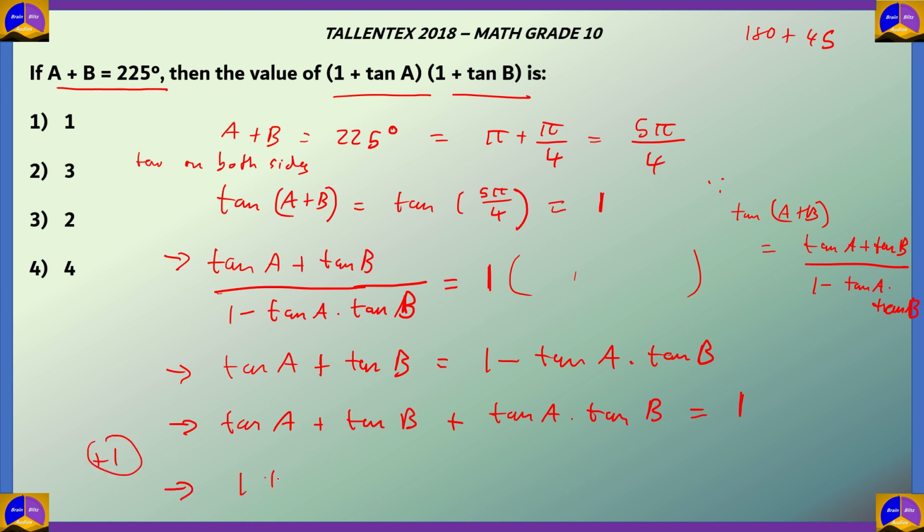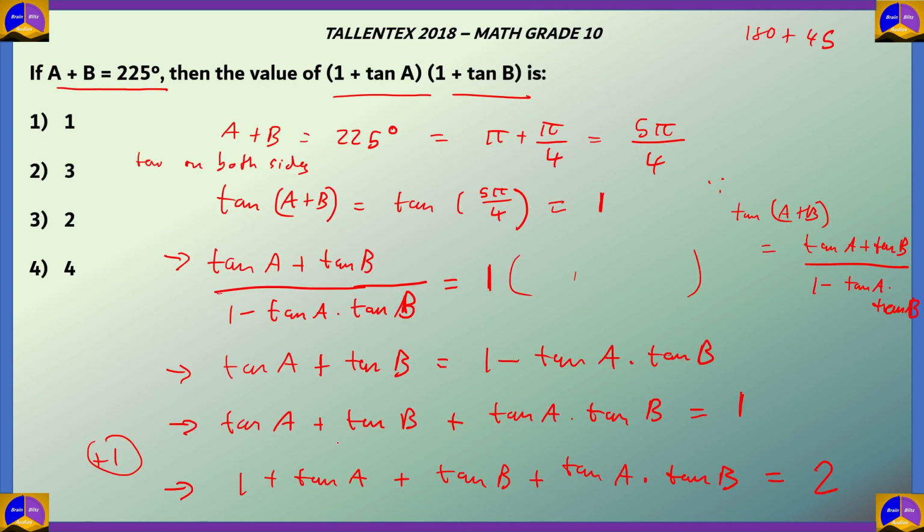So what we're going to get is 1 plus tan A plus tan B plus tan A multiplied by tan B. The right-hand side would be 1 plus 1, which is equal to 2. Pretty obvious. Now here's the less obvious bit.